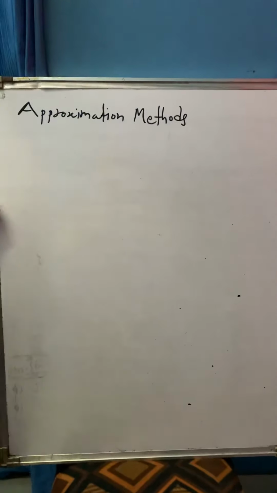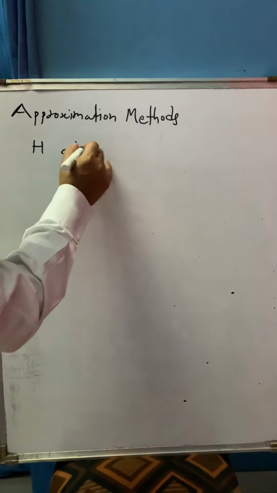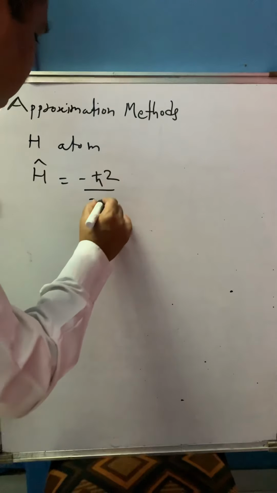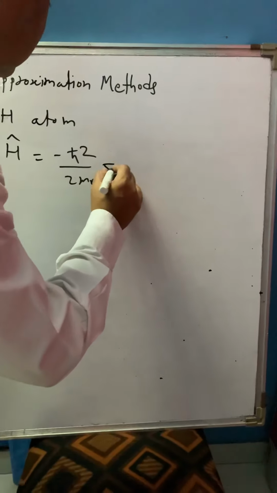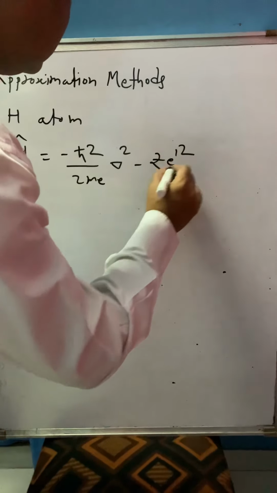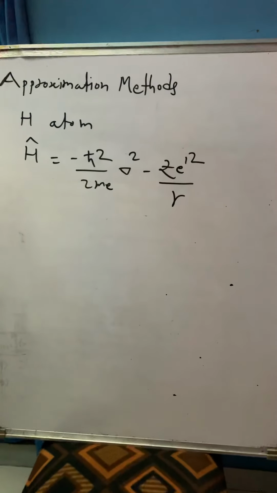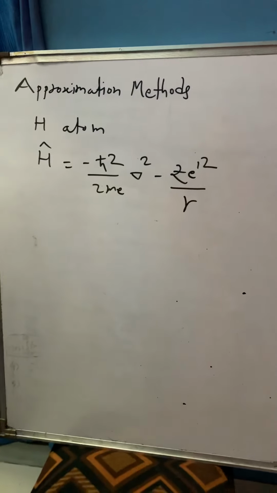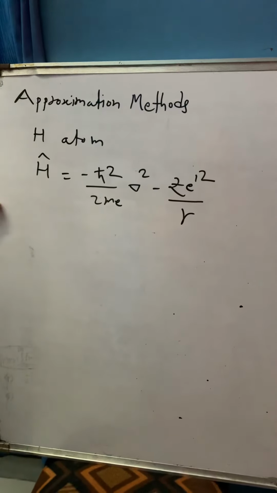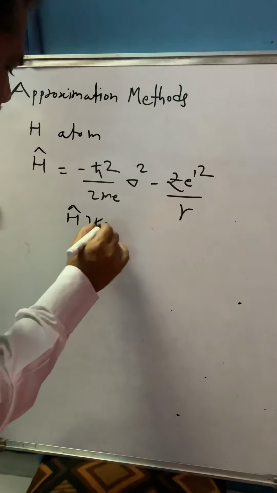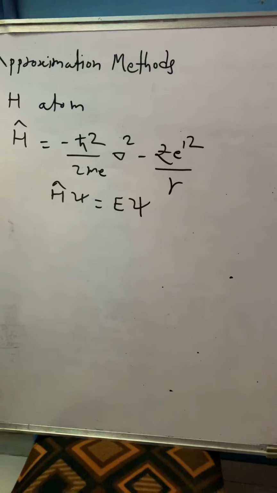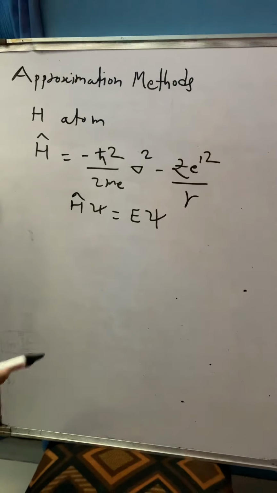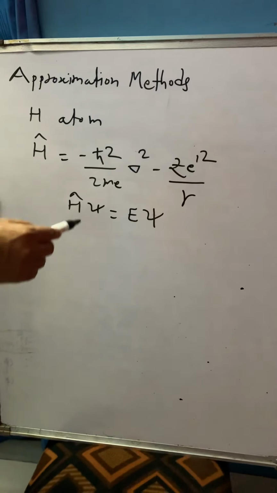Now in case of hydrogen atom we have seen that the Hamiltonian for hydrogen atom is minus h cross square by twice me del square minus Ze dash square by r, and the Schrödinger equation for this is H psi equal to E psi.